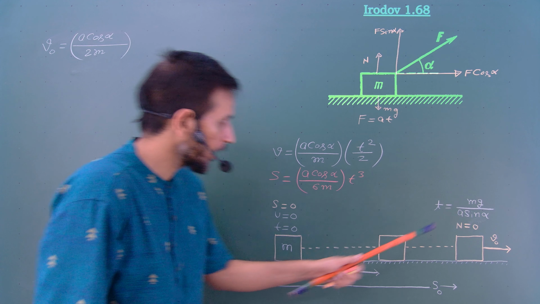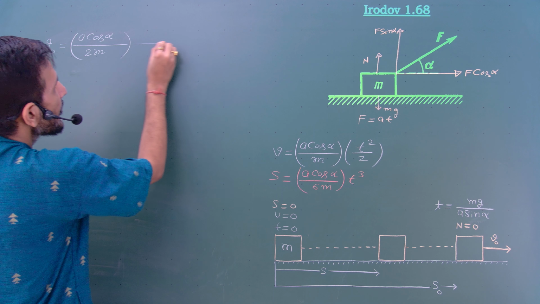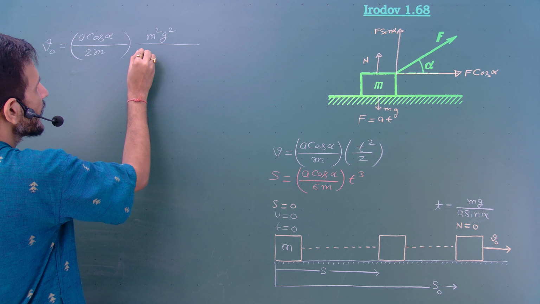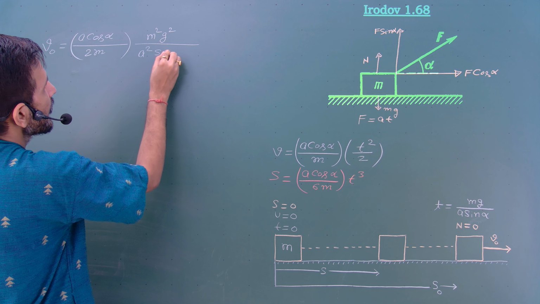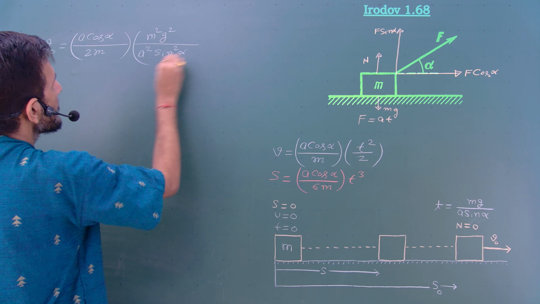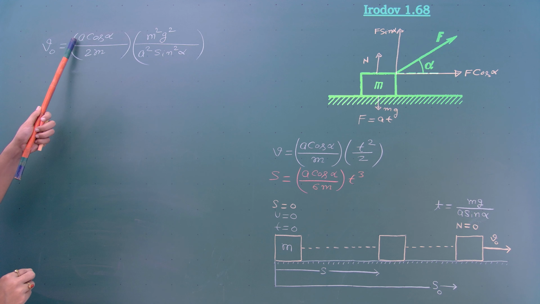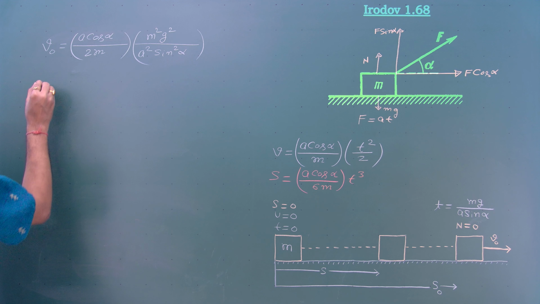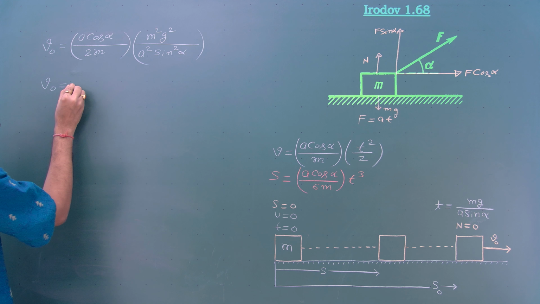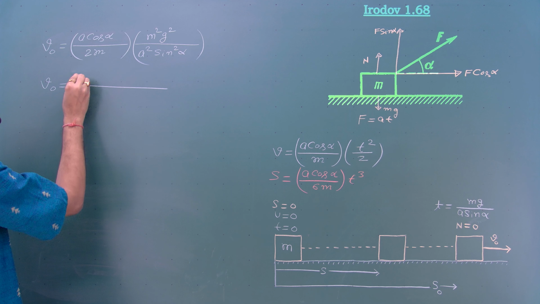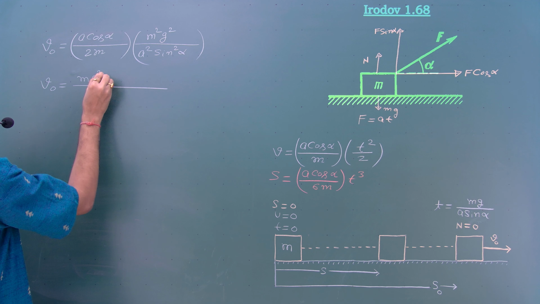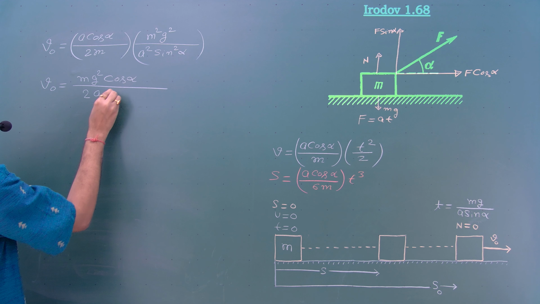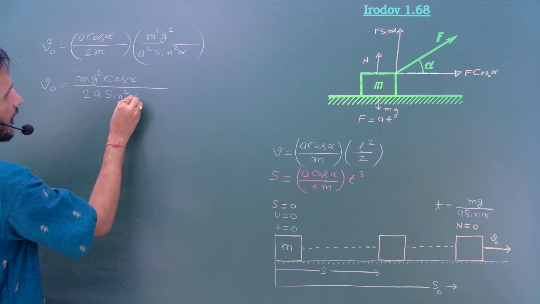Square of time means m square g square divided by A square sin square alpha. So one A will cancel out, m should be cancelled out. So v naught equal to m g square cos alpha divided by 2A sin square alpha.